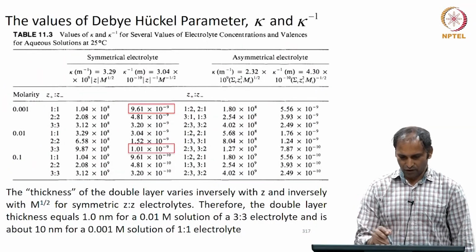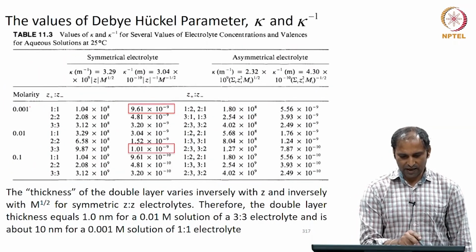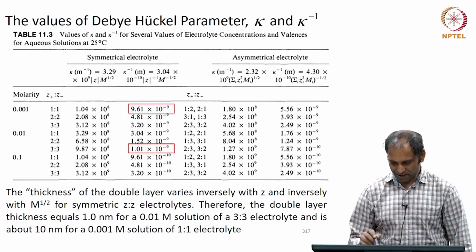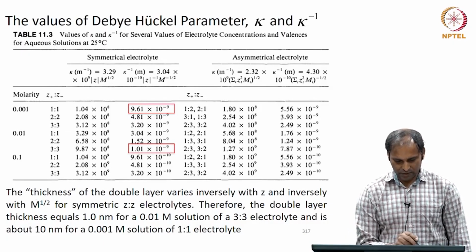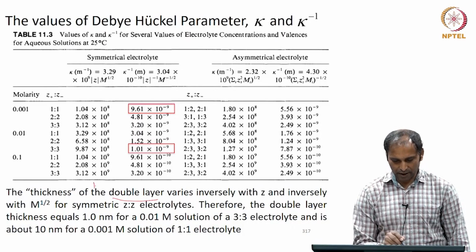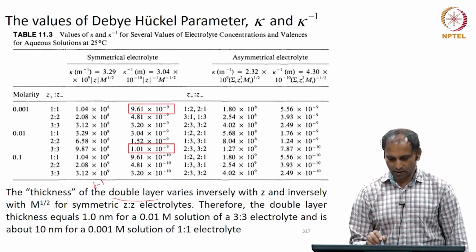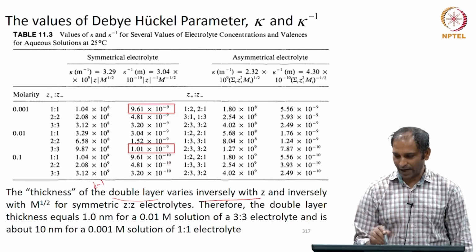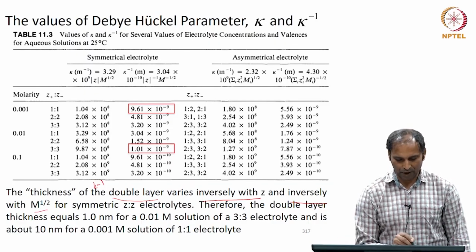Some typical numbers are given. So, this statement we already made. The thickness of the double layer, that is kappa inverse, varies inversely with z, that comes straight away from the expression that you had, and it varies inversely with m power half.